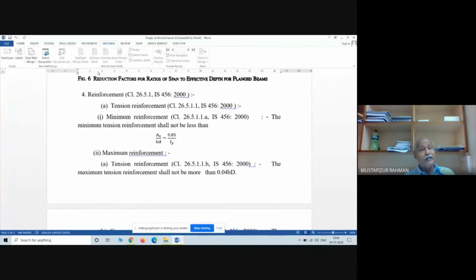Here the IS gives some specification and restriction: we have to provide some minimum amount of steel even if we do not require it, and we cannot go beyond some maximum amount. That means minimum steel required and maximum steel required.